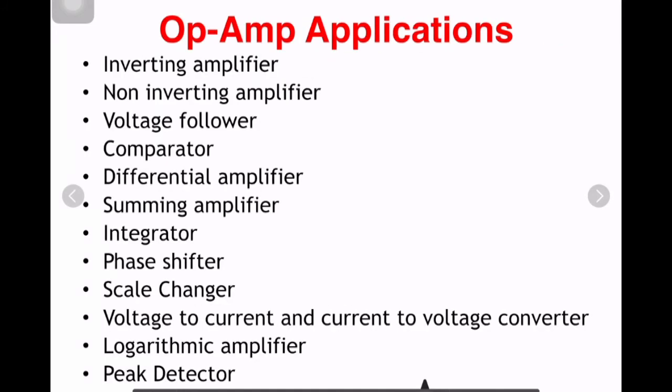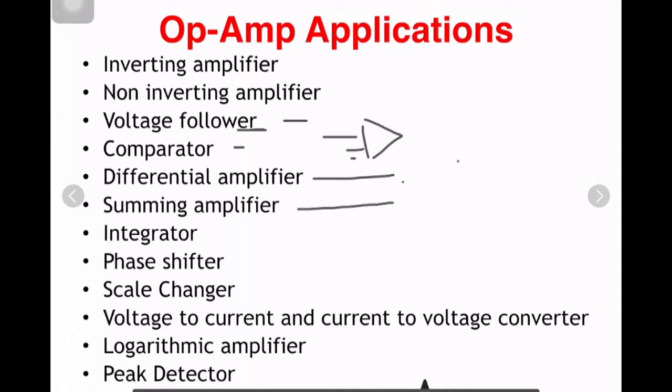Now the various applications of the operational amplifier. An operational amplifier can be used as an amplifier, as you know, but in which modes? As an inverting amplifier, non-inverting amplifier, and voltage follower. What is a voltage follower? The output follows the input. Comparator, when two inputs are applied and compared. Differential amplifier, where the difference at the inputs is amplified.